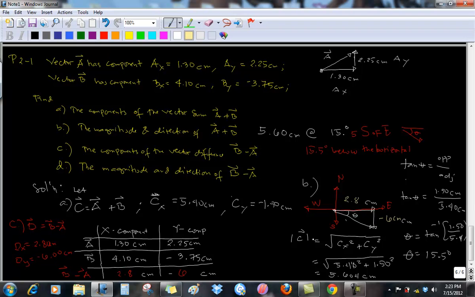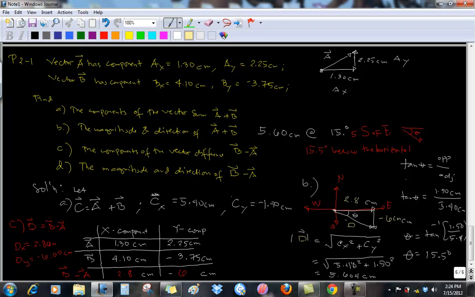And of course, your resultant, which is this one, we call D, the absolute value of your variable.